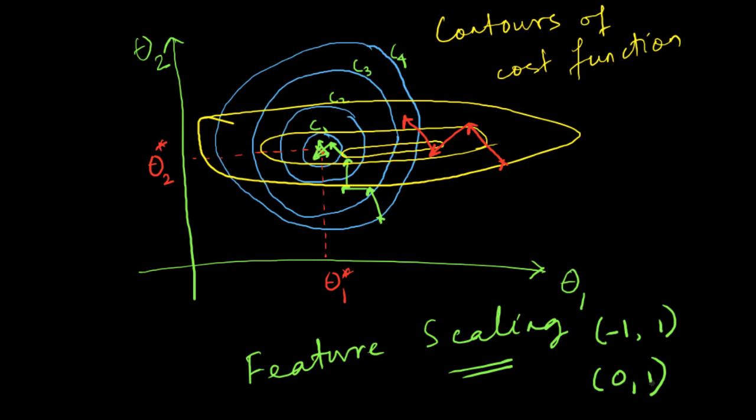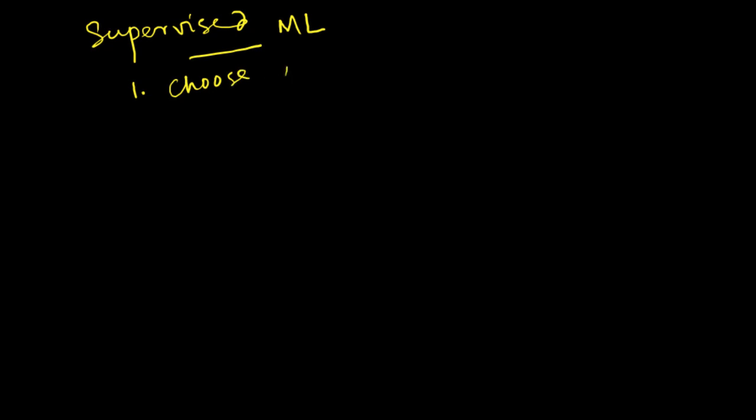So now to summarize the basic process that we follow in supervised machine learning. The first thing that you do is choose an appropriate model.